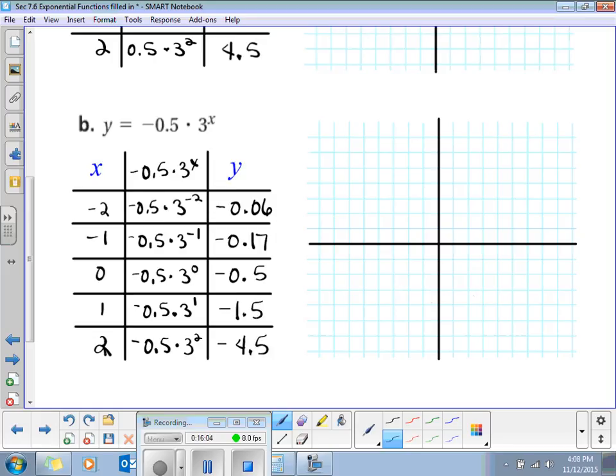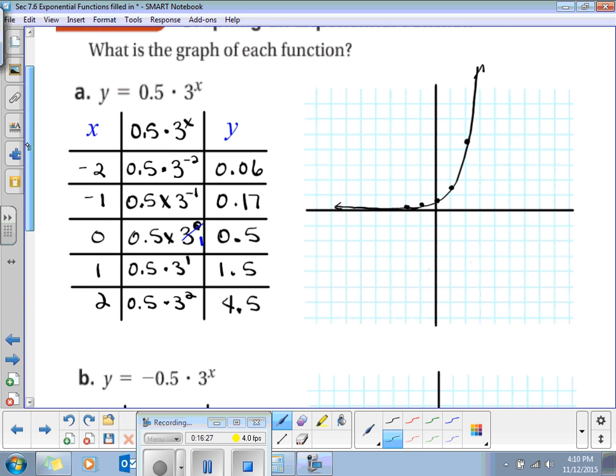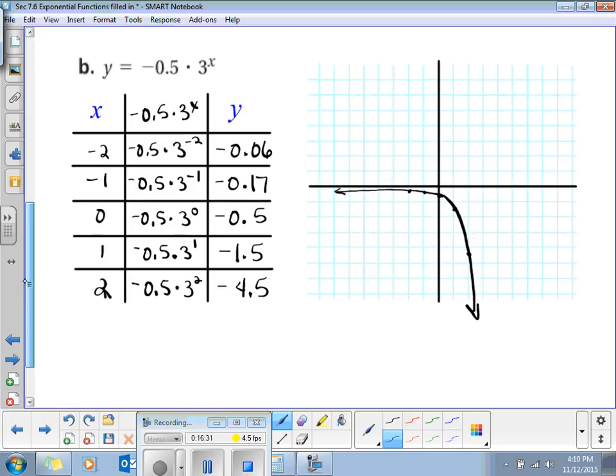Now when you graph this, we have our negative initial value, so all of our y values are negative. So this is what the graph looks like. Here we have a positive a, which looks like this, and this one is a negative a.